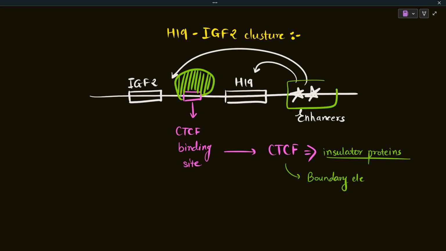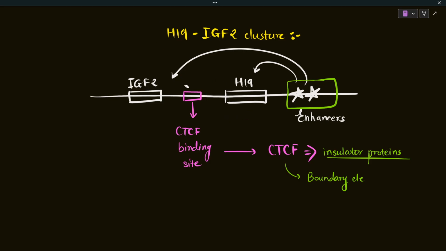The enhancer can see H19, but it cannot see IGF2 because of the wall. But if CTCF is not bound here, enhancers can control H19 as well as IGF2.